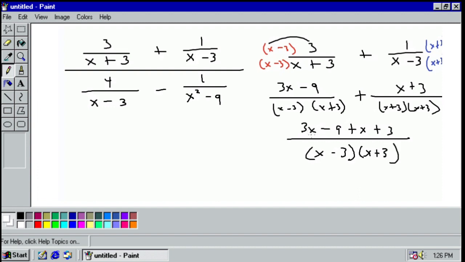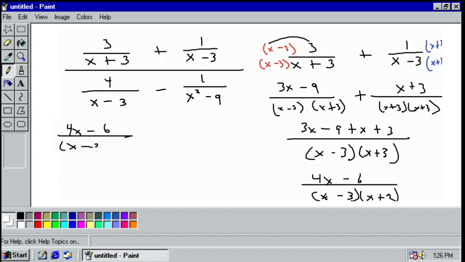So 3x plus x is 4x, and negative 9 plus 3 is negative 6. And now let's just copy the denominator. So this is the answer for the top part of the fraction. Let's copy it here.